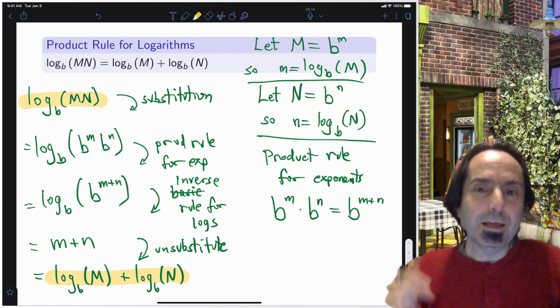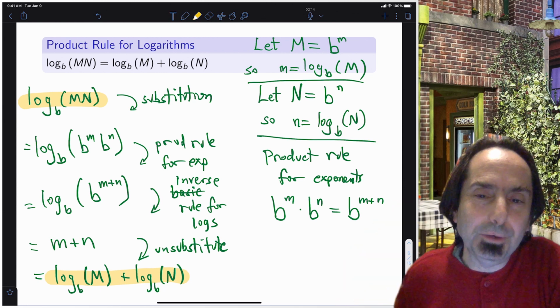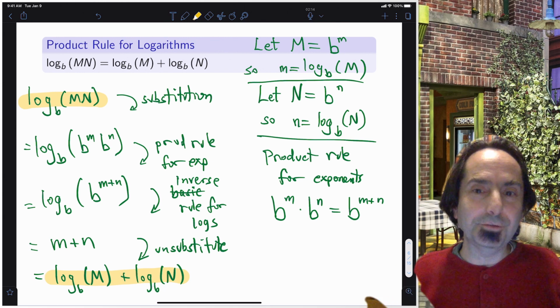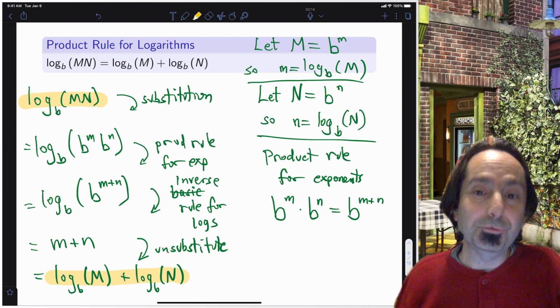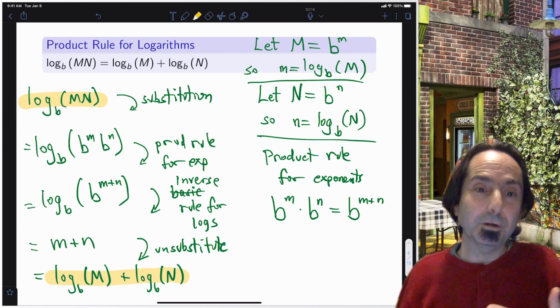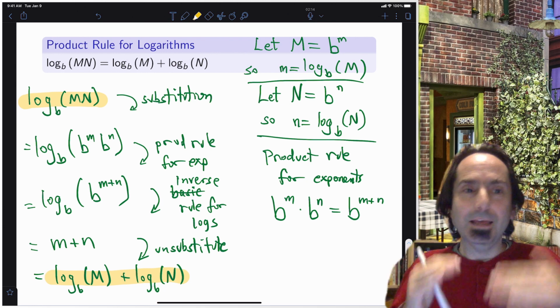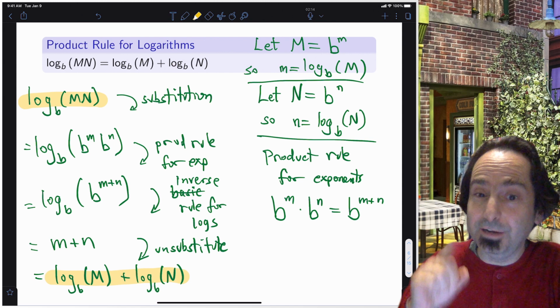As long as every step makes sense to you and you practice this reasoning enough, you'll get to see bigger and bigger chunks and they'll make sense. But at first it's very dense reading and very dense reasoning. Why does this work? Every step has a justification and they connect together and we get the product rule for logs. On to the next slide.